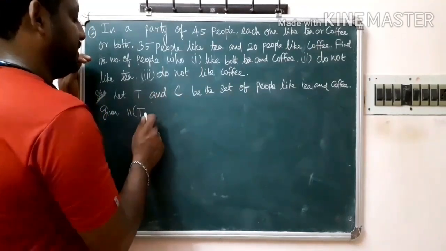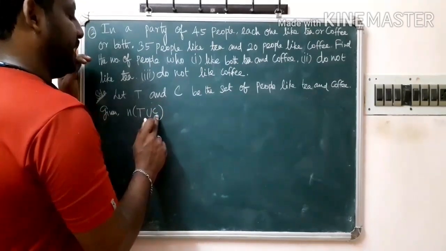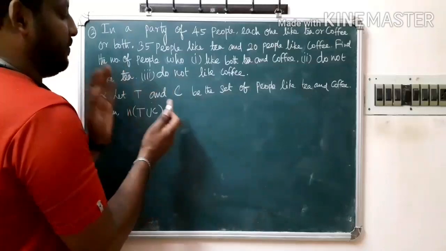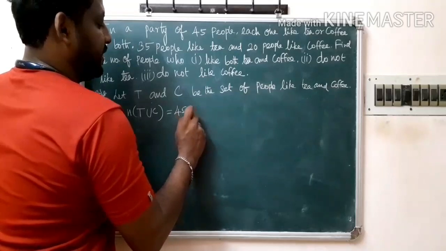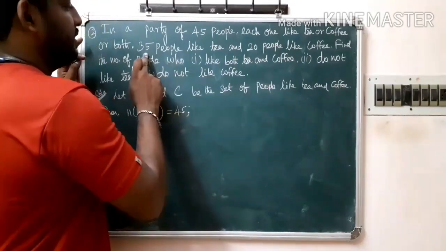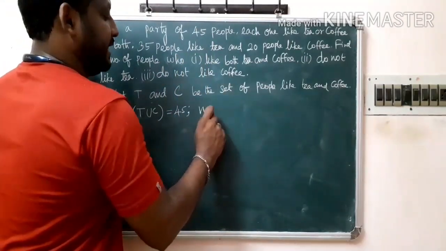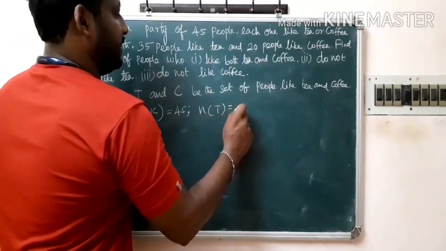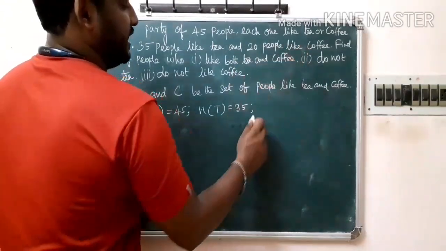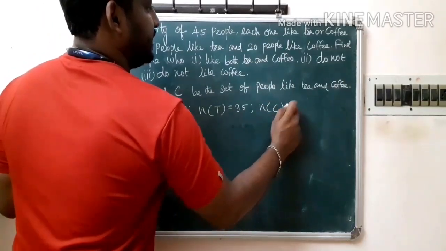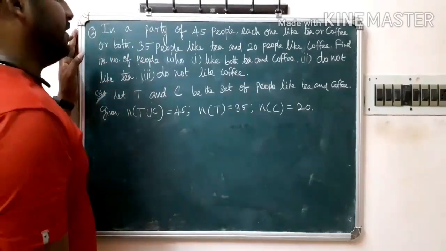That means tea and coffee. The total number of people is 45. And then the number of people who like tea, that is N of T, is equal to 35. And the second one given, 20 people like coffee, that means N of C is equal to 20. So these are the data given in the problem.